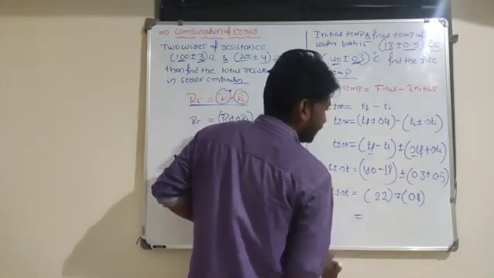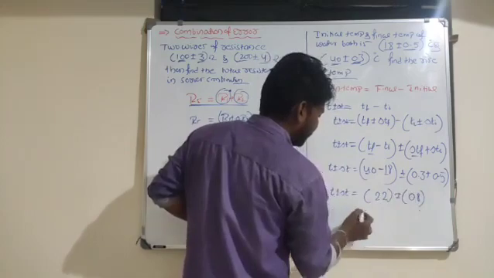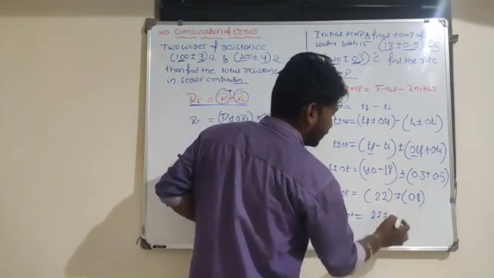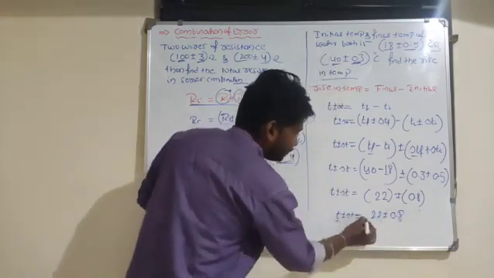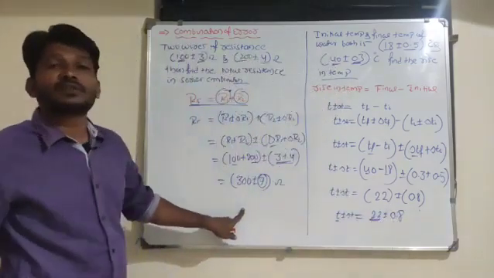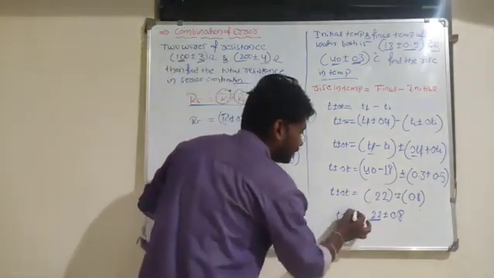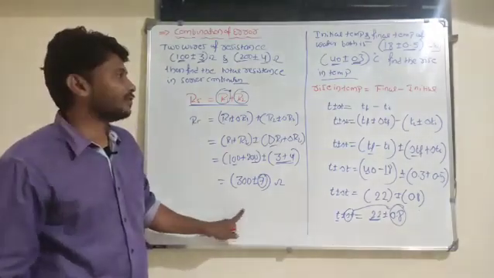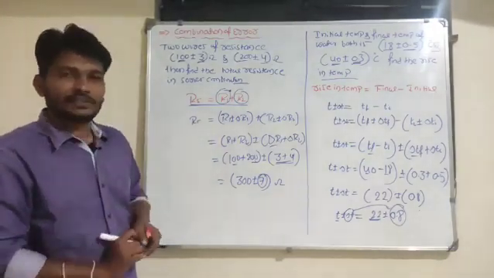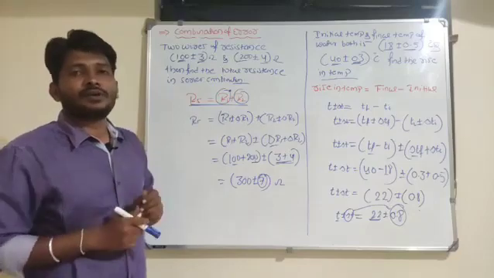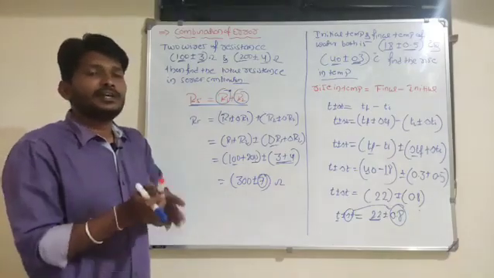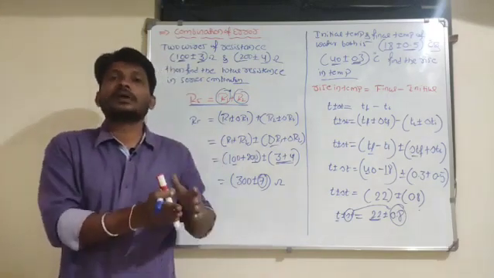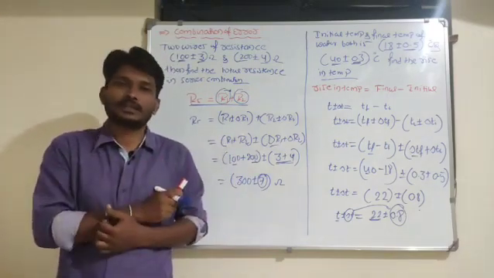So the rise in temperature is 22 degrees Celsius, and delta T represents the error, so the total error is 0.8 degrees Celsius. This is the way to find the rise in temperature. So we have seen errors in addition as well as subtraction. In the next video, we will discuss errors in multiplication as well as division.